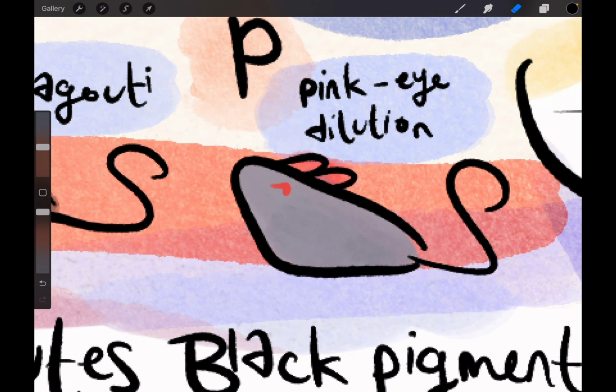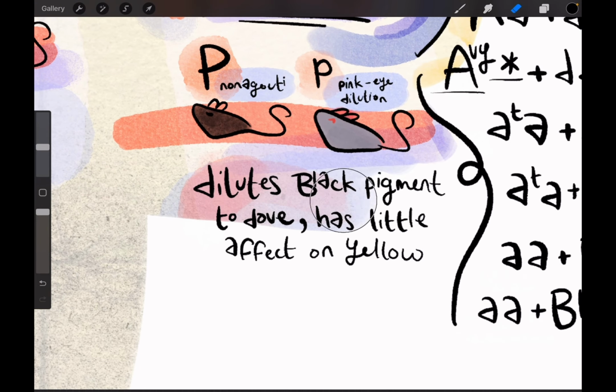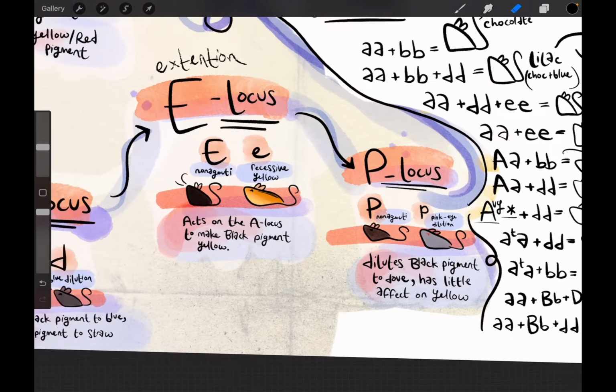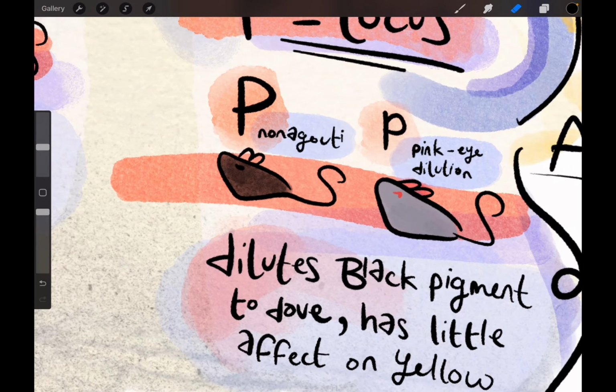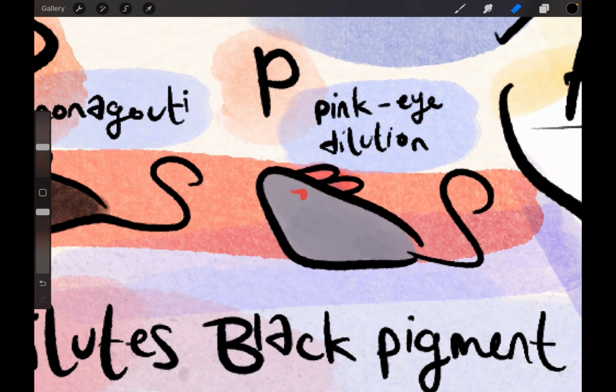The eyes will be pink, and it dilutes the black pigment to dove. That's what this color is called right here. And then it has little effect on yellow, basically none. So it leaves yellow vibrant and sparkly and glorious, which gives you some very fascinating varieties.